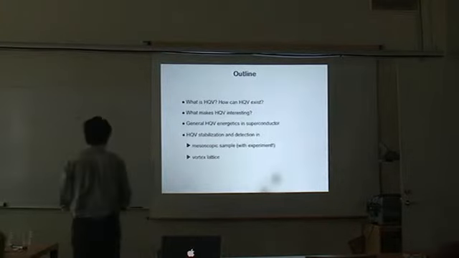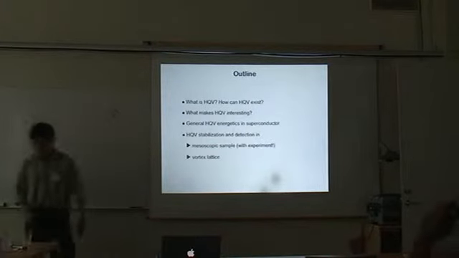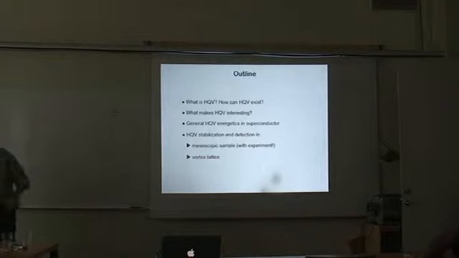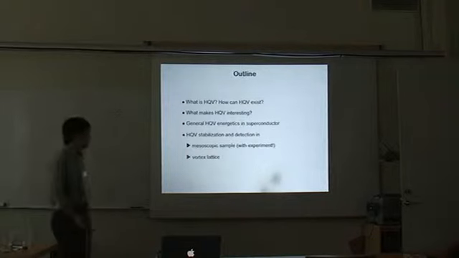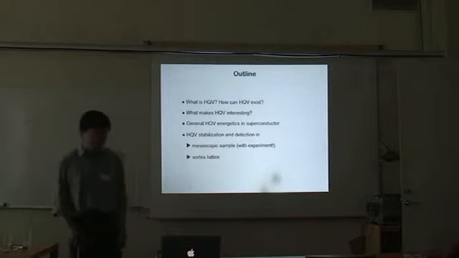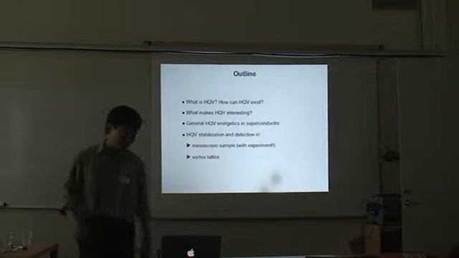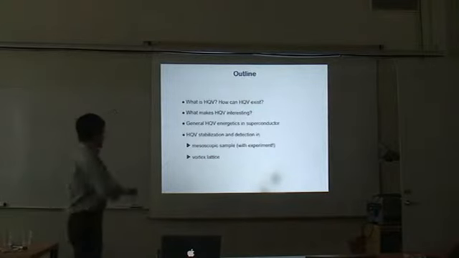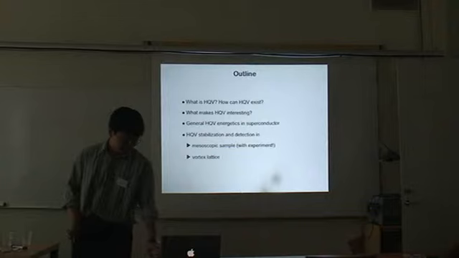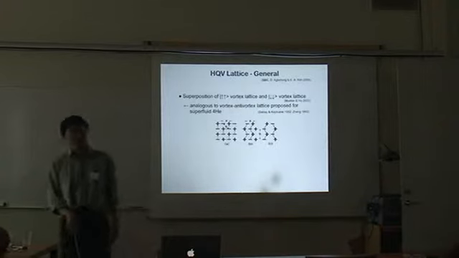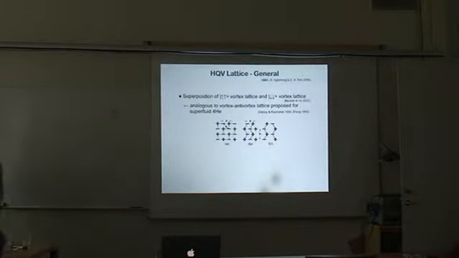Okay, so we have discussed the one case where this half quantum vortex can be stabilized and detected. That is the mesoscopic example, and I will also mention the second possibility, which happens in a vortex lattice. So I need to first talk about how a half quantum vortex lattice would look.